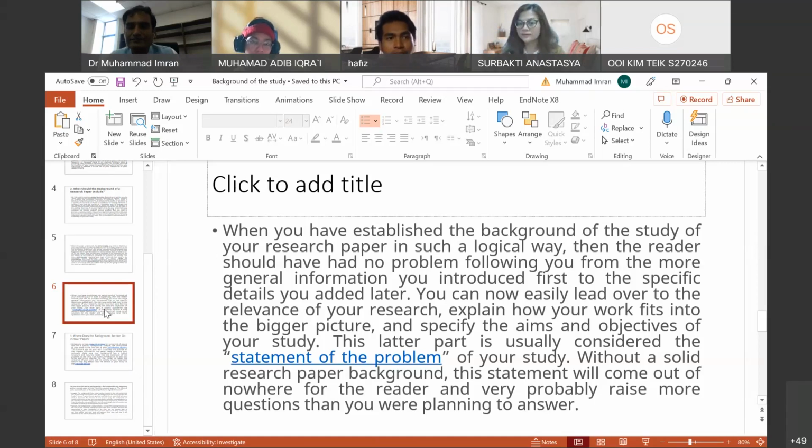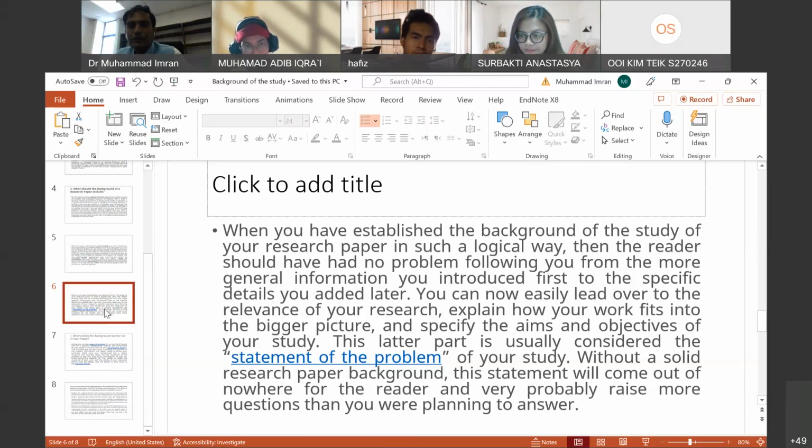Then we can go to the past literature and discuss that we have read the papers. Suppose Imran's paper discusses this kind of issue faced by employees during the pandemic. Then according to Surbakti's research paper, she said we might have to introduce this kind of strategy.